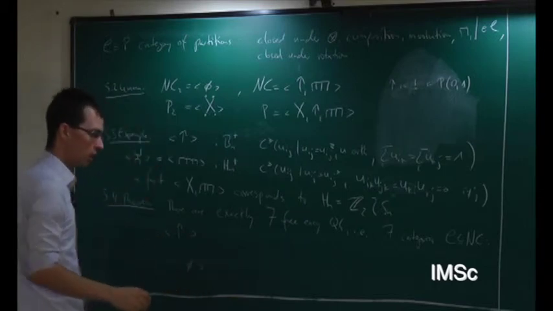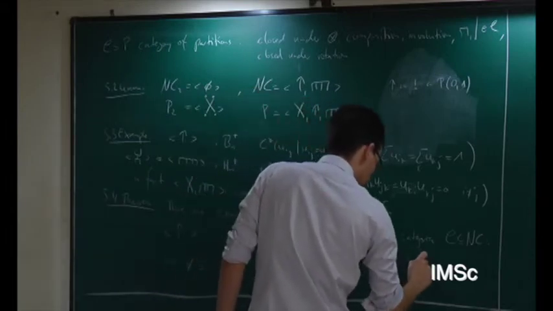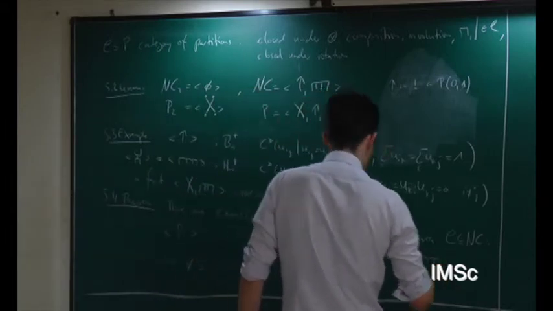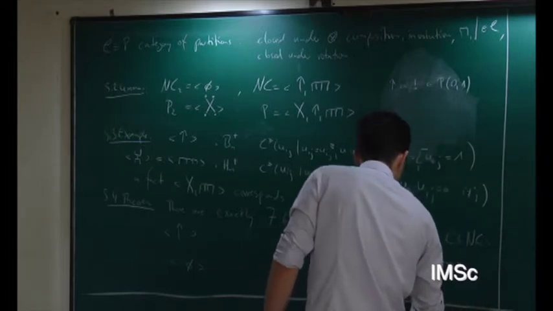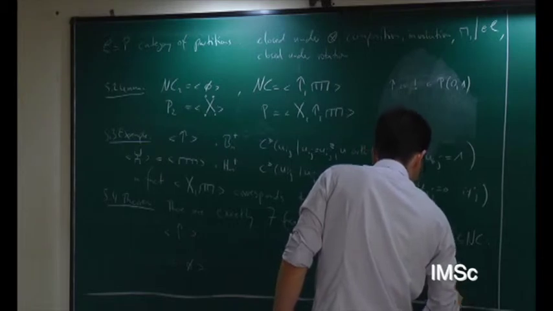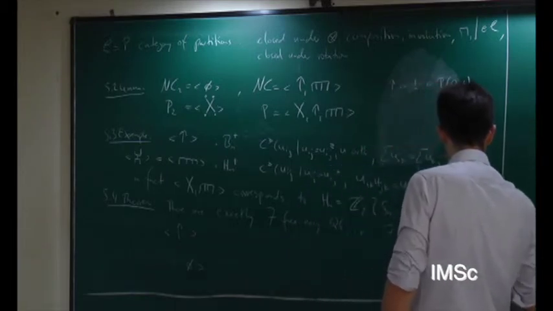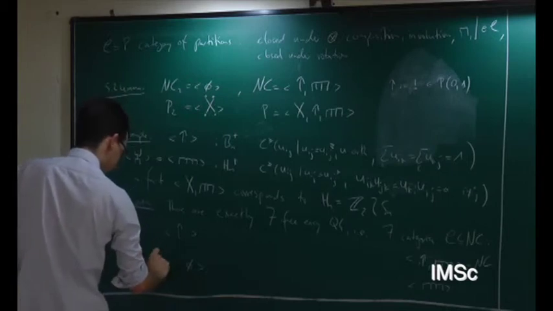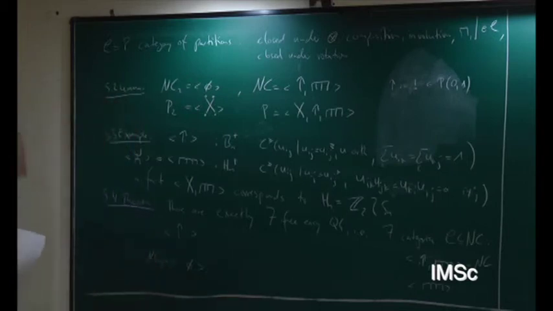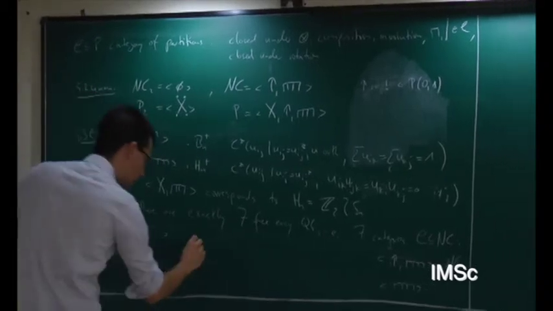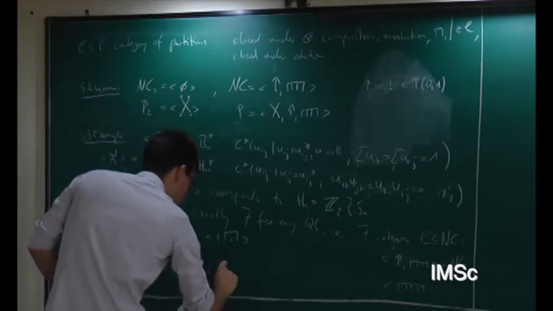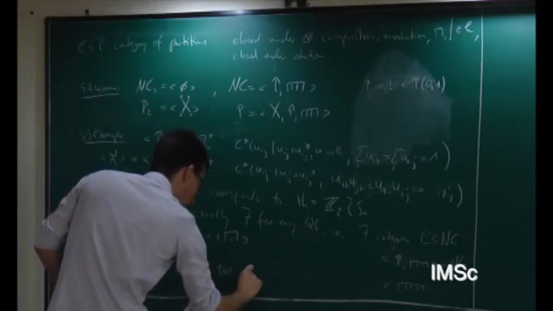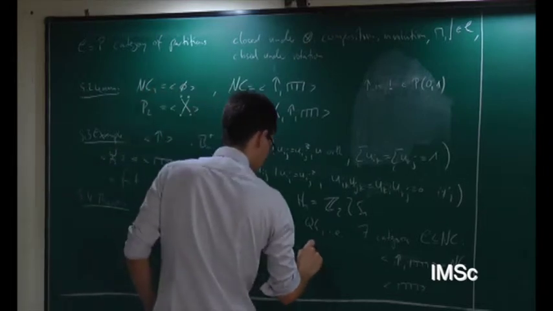We had already this one. We had already the 4, and maybe I'll write it like this. The 4 block and the singleton, and the 4 block 1. So these are already 4 examples, and there are 3 more, namely this one, this one, and this one.